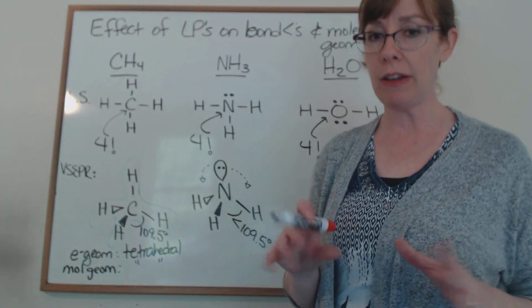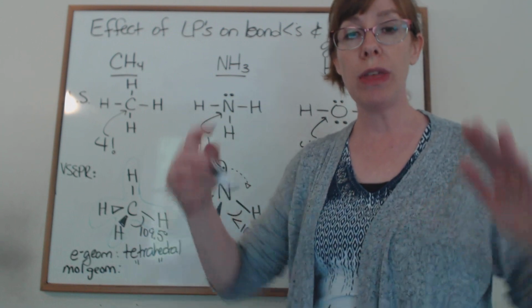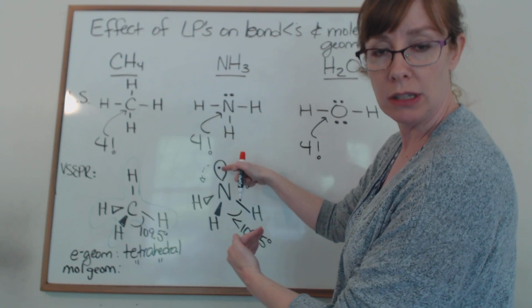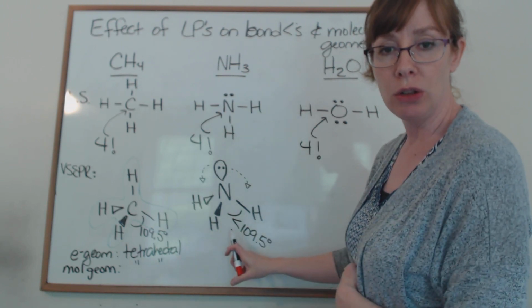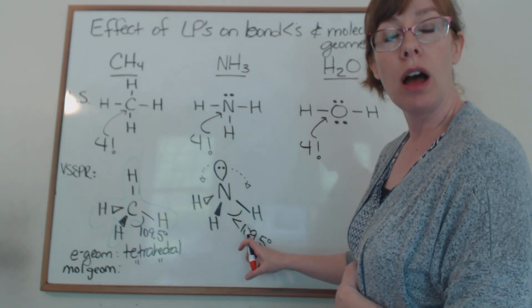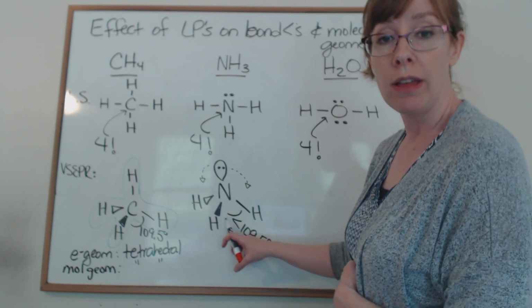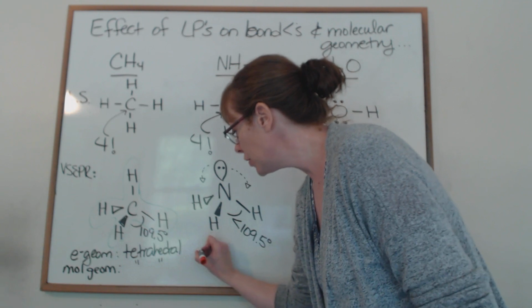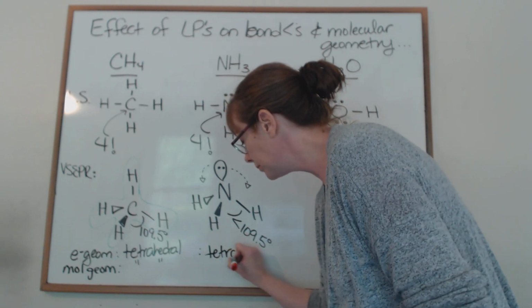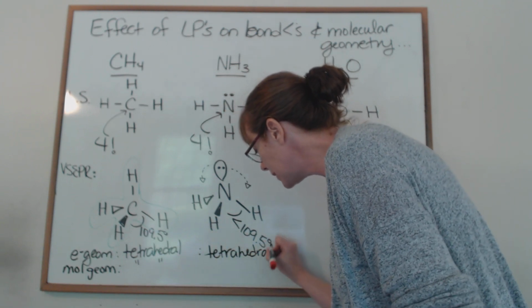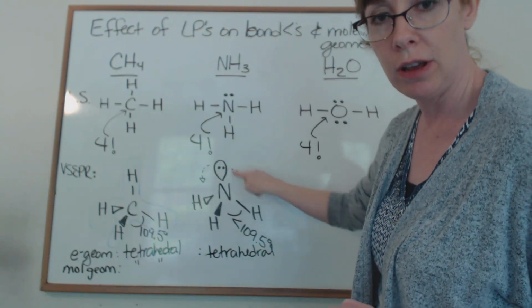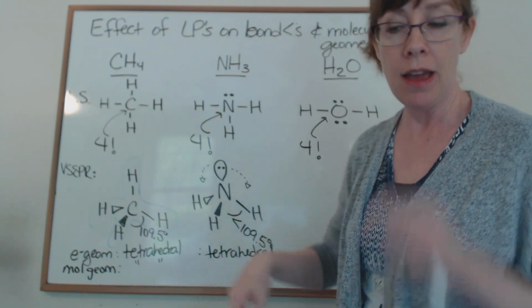It's more like 107, but it's a common thing to know that the bond angles are smaller when one of the positions is a lone pair. So you're going to have to include that less than in order to show that effect on the bond angle. The electron geometry is still tetrahedral because I want you to see the electron groups are still a tetrahedron, that tripod camera thing.